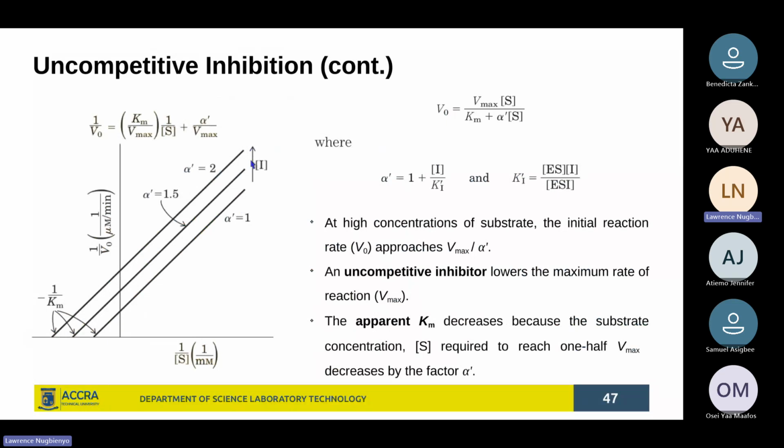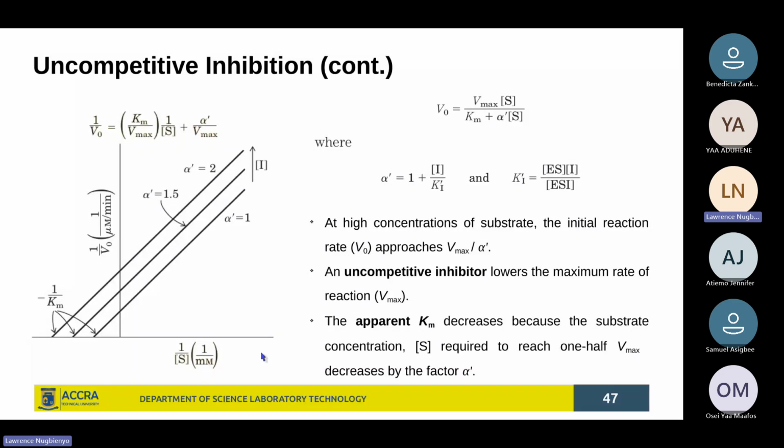And so the more inhibitor that you add in there, the more the rate of the reaction is reduced, and even the less amount of substrate is able to bind to the enzyme to give you any product in the first place.